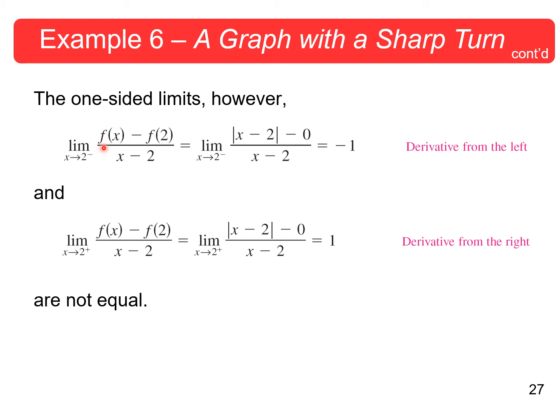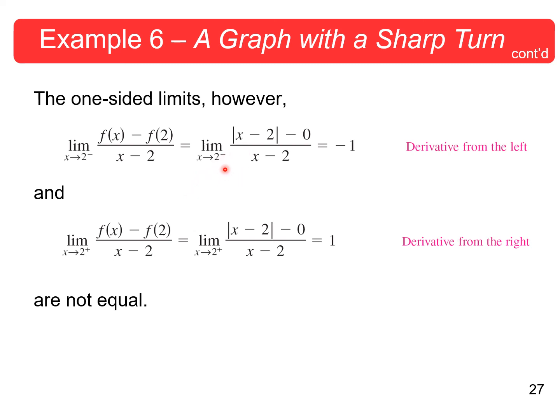Now our f of x is just equal to the absolute value of x minus 2. And f of 2 is just equal to 0. Just evaluate this function at x equals 2, you get 0. And then to take the limit, we use the definition of the absolute value. When you say 2 from the left, you're looking at the interval less than 2, so x less than 2.